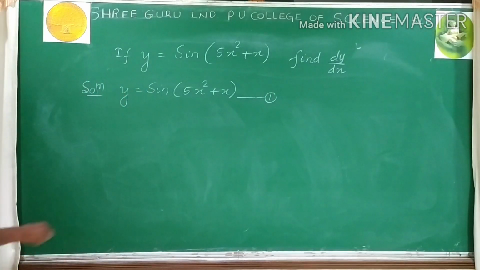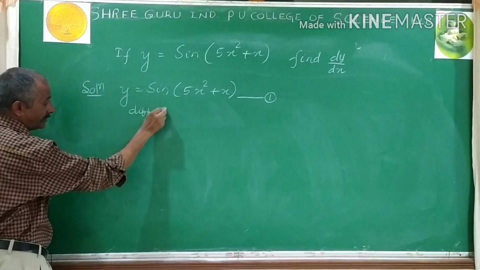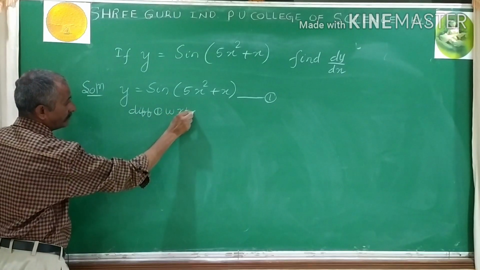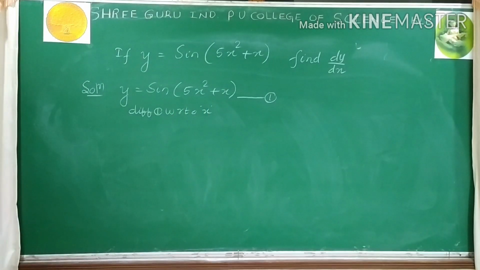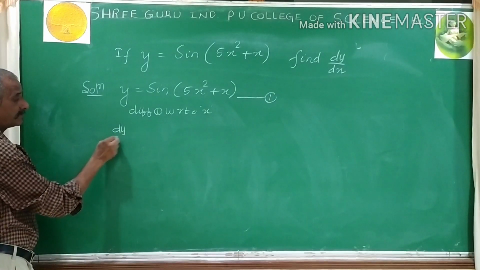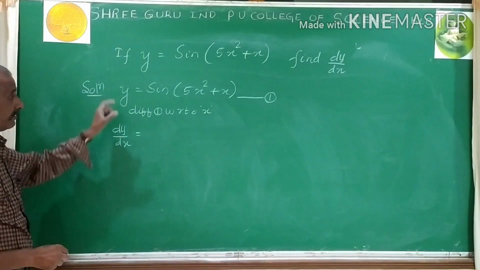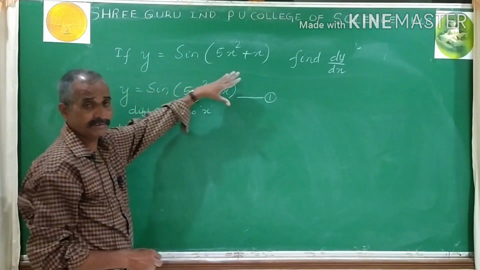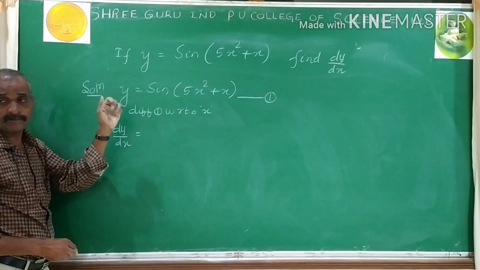Now write the words stating differentiating 1 with respect to x. Left side, any notation can be taken, say dy by dx. But on the right side, be aware that it is a composite function, so more importance goes to the arrangement of functions.